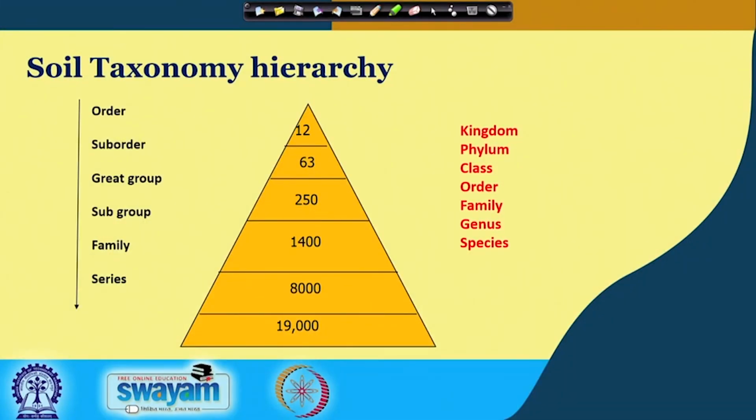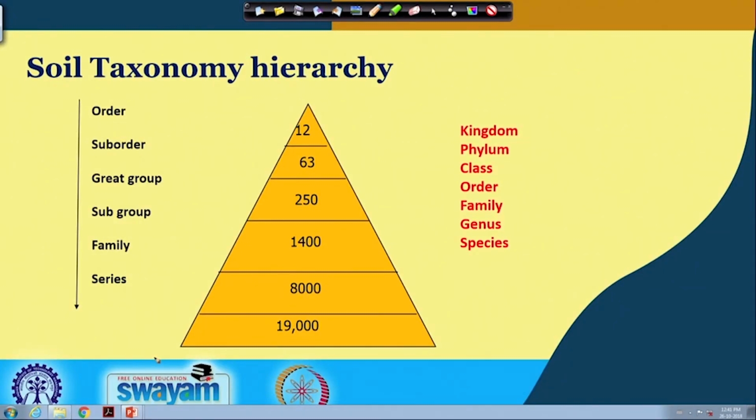In the last lecture we discussed the hierarchy of the soil taxonomy. As I have told you, soil taxonomy is basically a combination of 6 different levels, starting from series, family, subgroup, great group, suborder and order, and we can classify any soil using this hierarchical system.